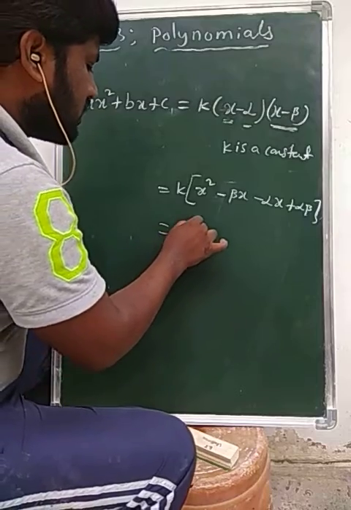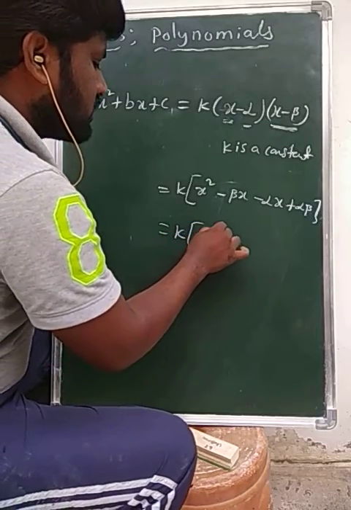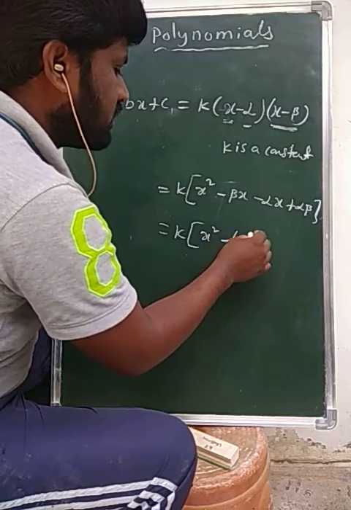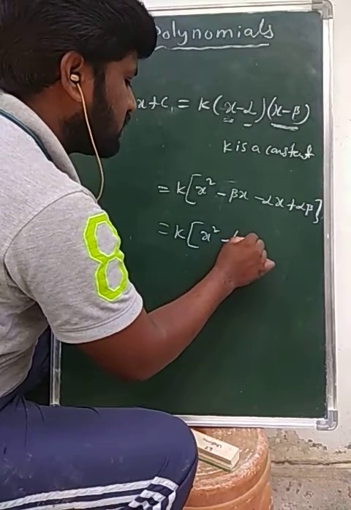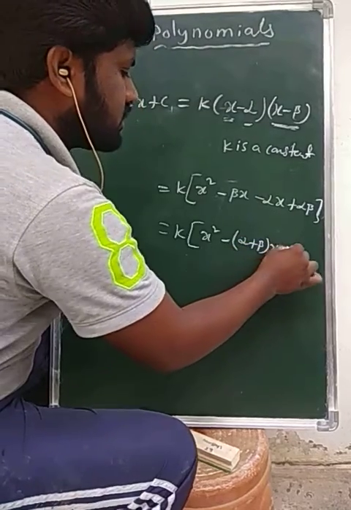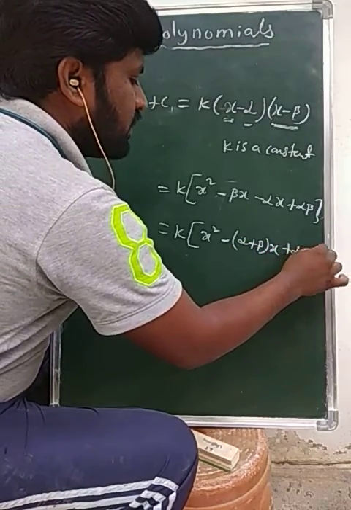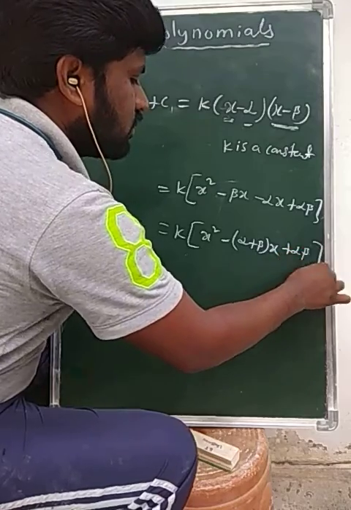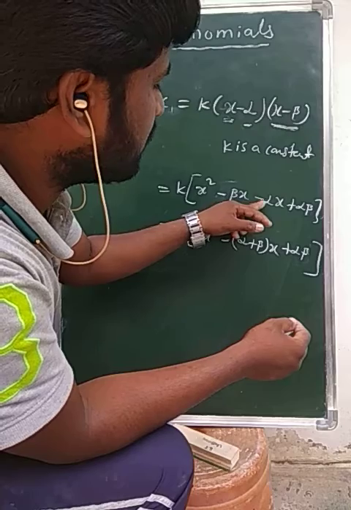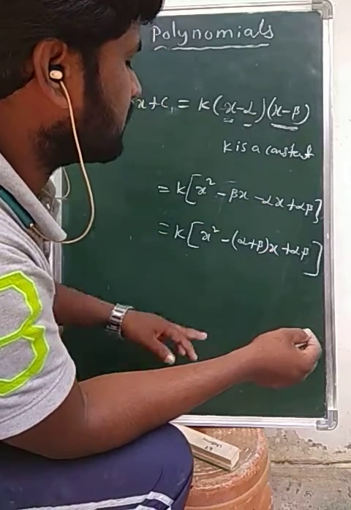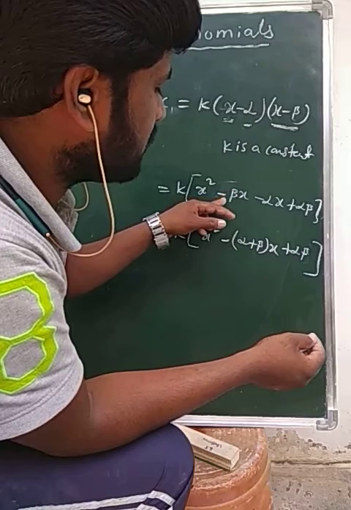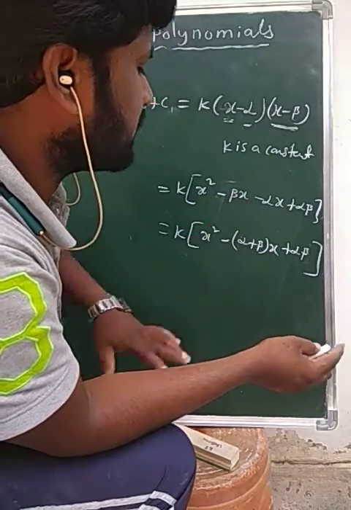So that is k of x square. If you take out the common minus and x, we get alpha plus beta of x plus alpha beta. Minus alpha x, and minus beta x.